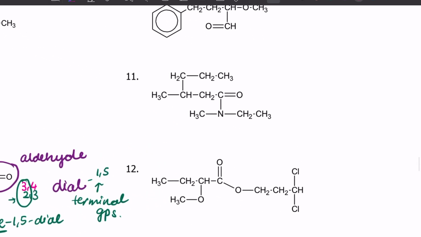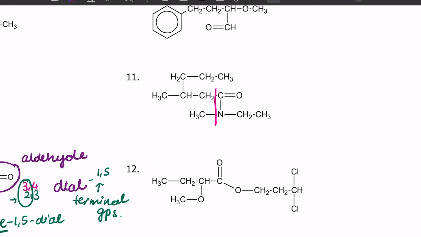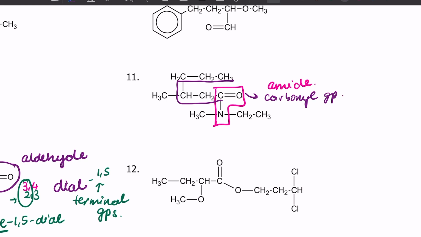Another example, let's say number 11. So you have to recognize that this is an amide. The name of an amide is N-alkyl, N-alkyl, alkanamide. The alkanamide part of the name comes from the chain that has the carbonyl group. This CO is the carbonyl group. So this becomes the alkanamide. Let's count the number of carbon atoms in this chain. Let's look at the other substituents present.